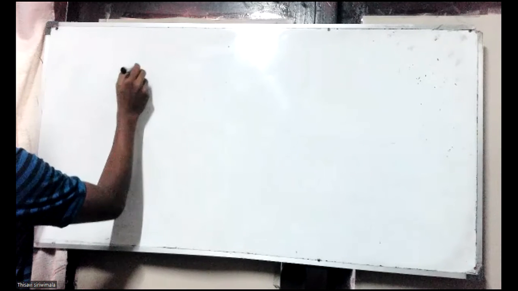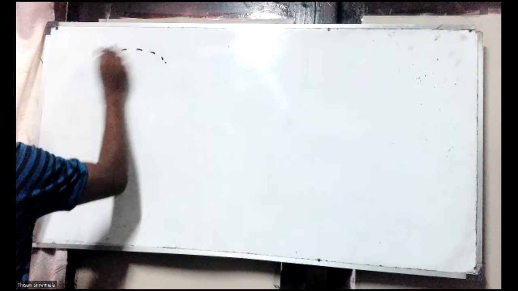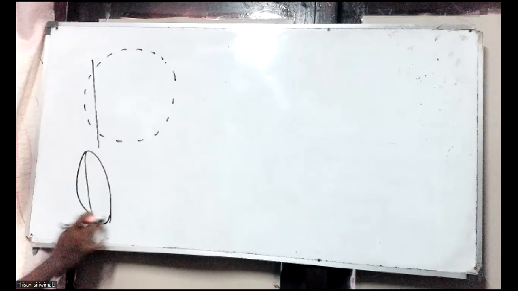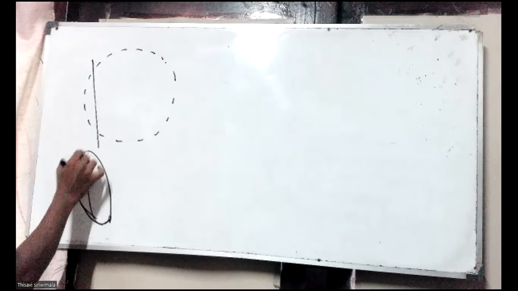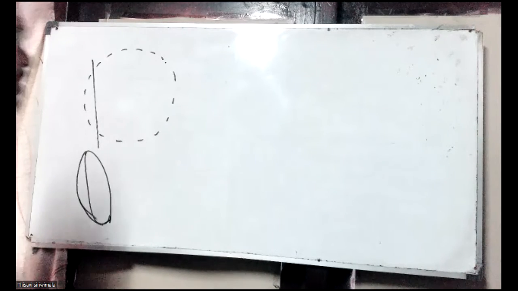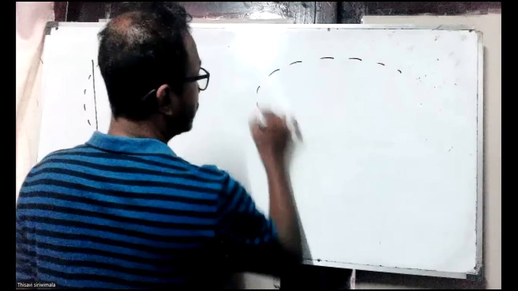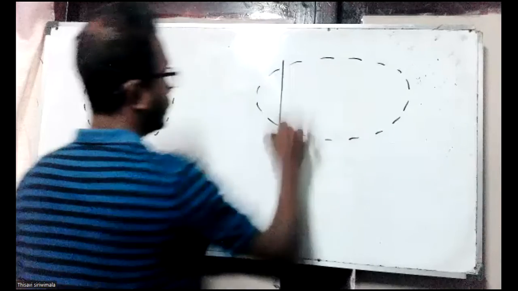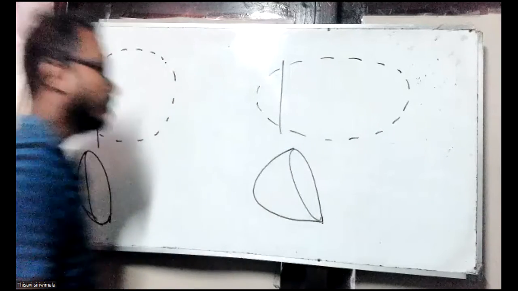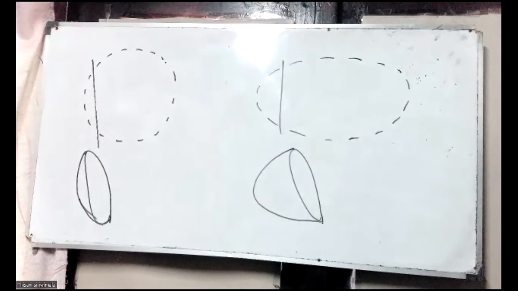The first type is taken from a section of a sphere. When a section of a sphere is taken as the mirror, it is called a spherical mirror. Then there was another type. When we take a section from a parabola, we call it a parabolic mirror.